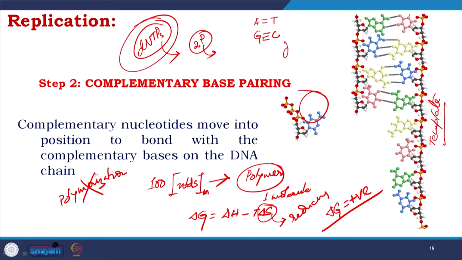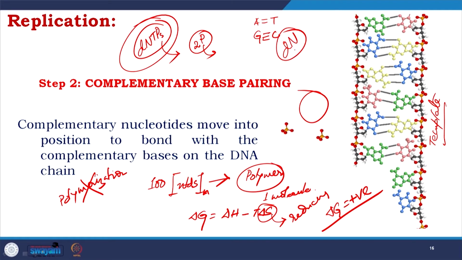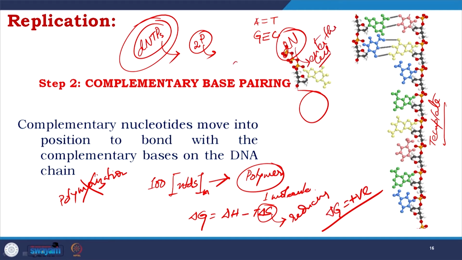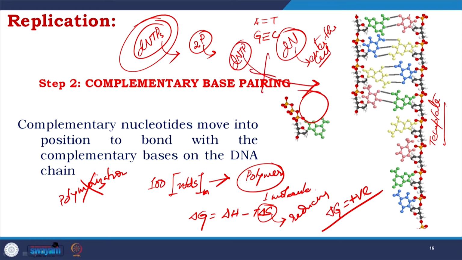But there is something more to that. Think about a nucleoside, which could have come to the cell from food or other things, right? Now, when we say deoxynucleoside, it could enter the cell, but a dNTP molecule could not enter the cell.